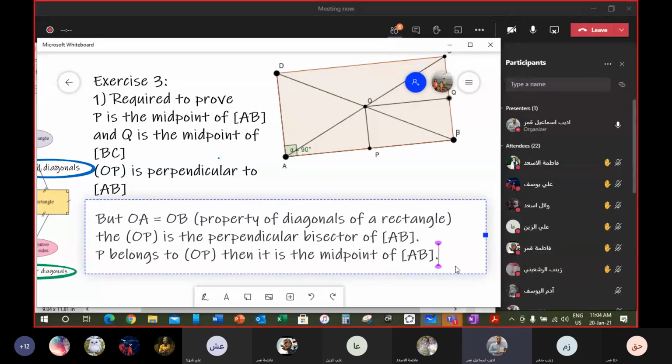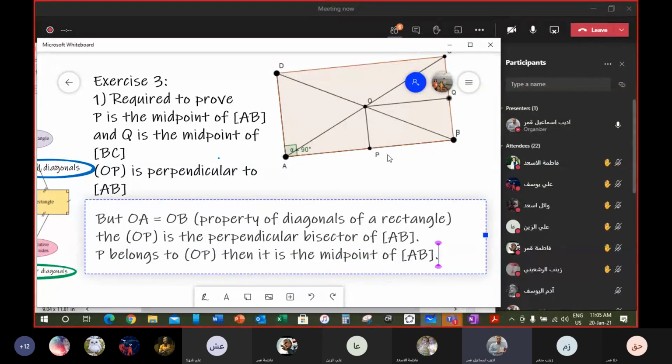هذا عنده سؤال؟ برجع بعيدهم. OP is perpendicular to AB بس عندي OA equal OB. صارت O is equidistant from A and B، يعني من property of diagonals of rectangle. Then OP is the perpendicular bisector of segment AB. Then P belongs to OP and it is the midpoint of segment AB.